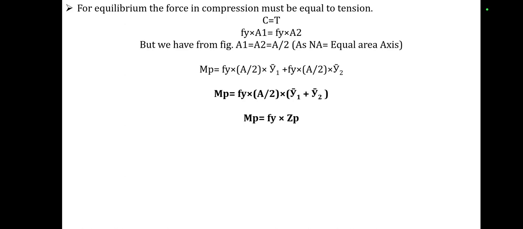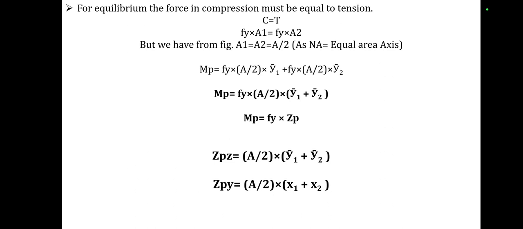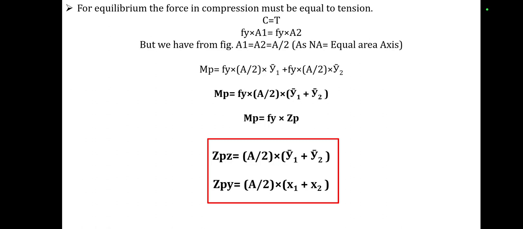Hence, Mp is equal to Fy into A by 2 into (Y1 bar plus Y2 bar), and Mp is equal to Fy into Zp. Therefore, Zpz is equal to A by 2 into (Y1 plus Y2), and Zpy is equal to A by 2 into (X1 plus X2). So this is our expression for Zpy and Zpz.